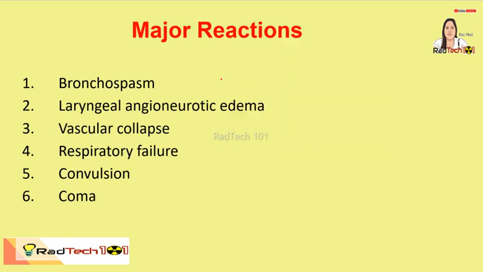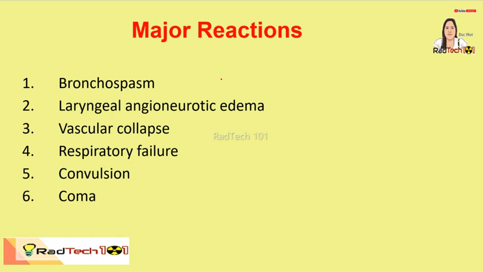For major reactions, the bronchospasm, which can cause wheezing. So, yung bronchospasm, where the airways that connect the windpipe are called the bronchi, and sometimes the muscles that line the bronchi tighten, kaya ng spasm. Tighten and may cause the airways to narrow, kaya nahihirapang huminga, and it limits the amount of oxygen that your body receives.